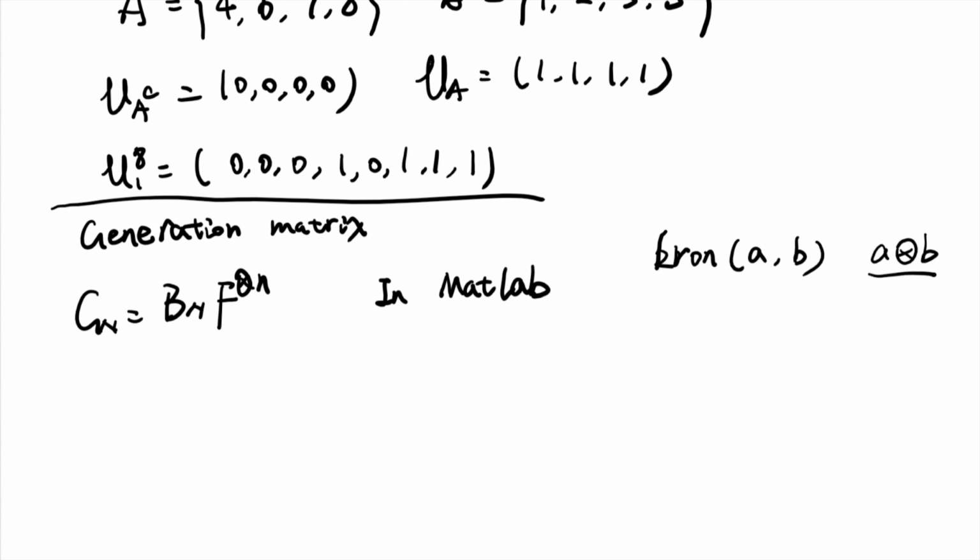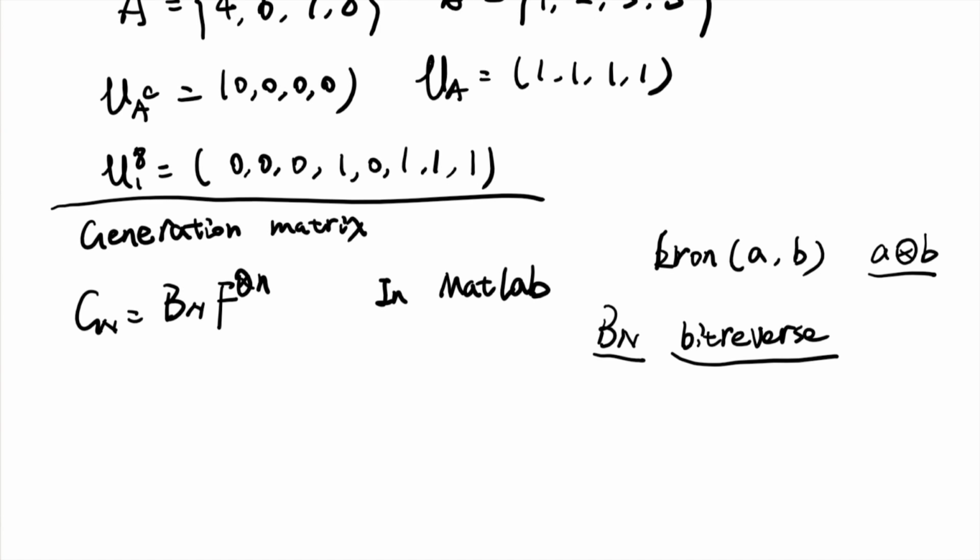And then for Bn, we know that Bn is a function that's actually doing the bit reversal. What does it mean? Let's take an example.